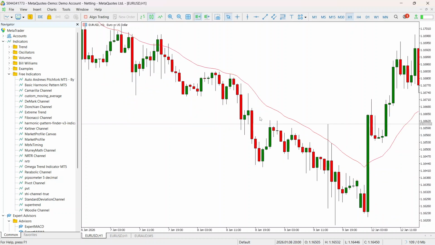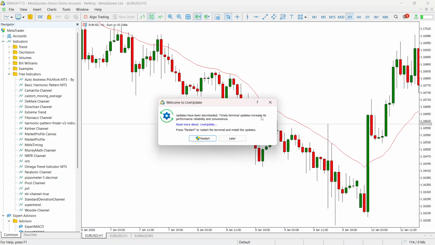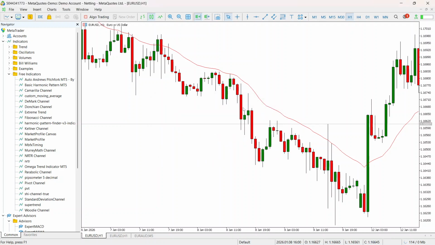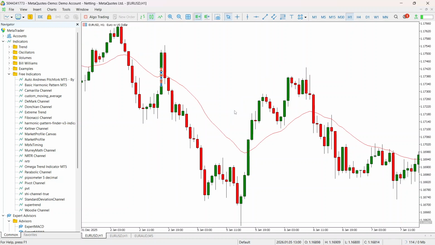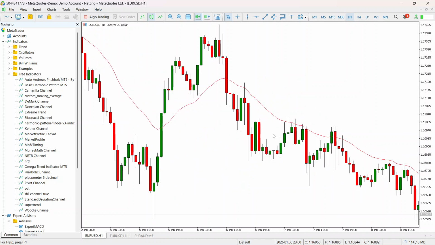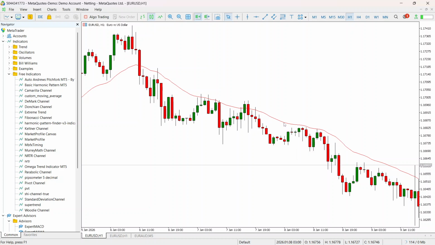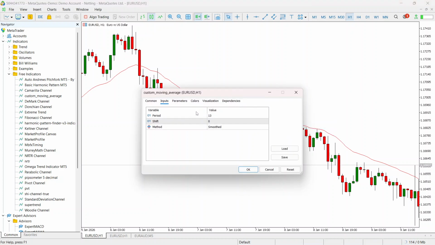The line can also act as a dynamic support or resistance level, and crossover setups with other moving averages can highlight potential trend shifts. You can adjust the period in its settings to control how many bars are included in the calculation, with shorter periods making the line more responsive, while longer periods provide a smoother view of the overall trend.